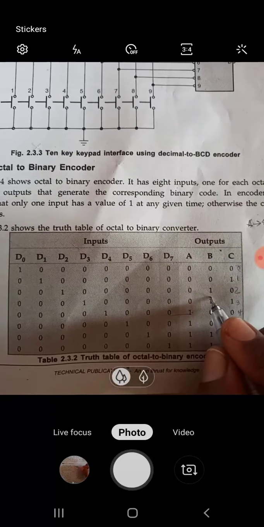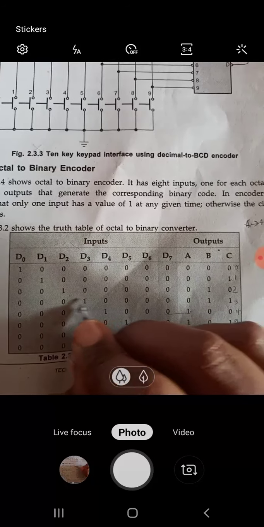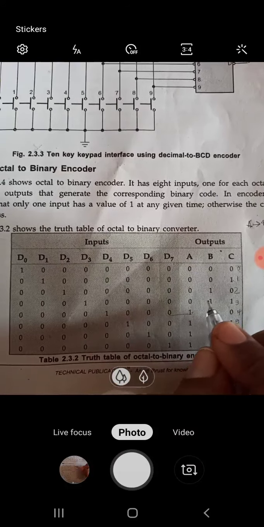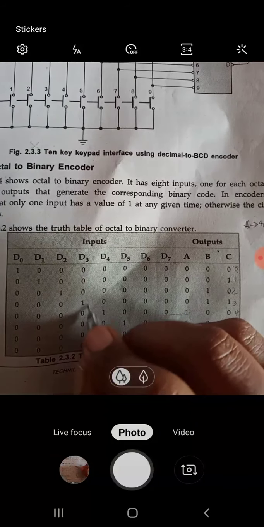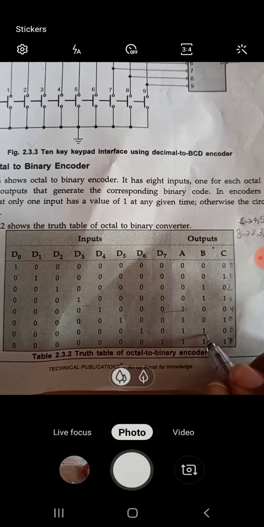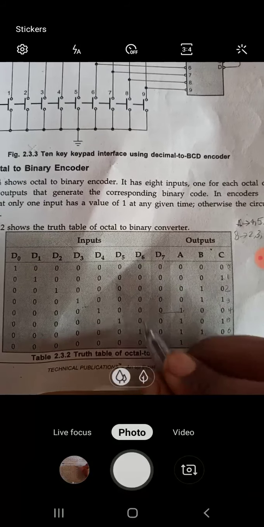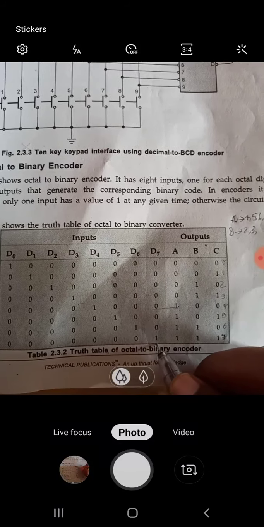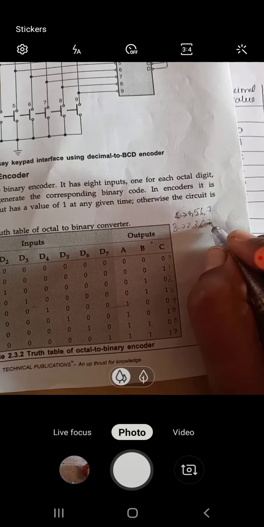Similarly for B, this 1 corresponds to 2, this is 3. So I will write it over here, B: 2, 3, and I have 2 more ones over here. This is 6 and this is 7. So I will add here 6 and 7.